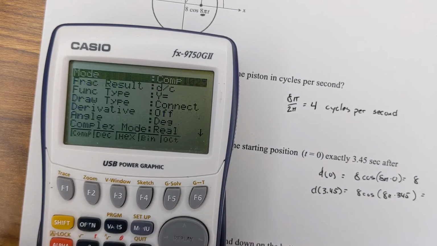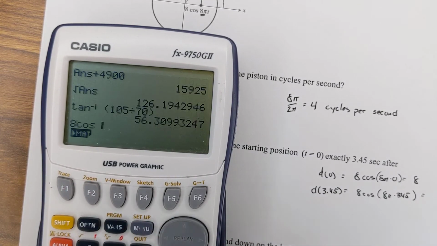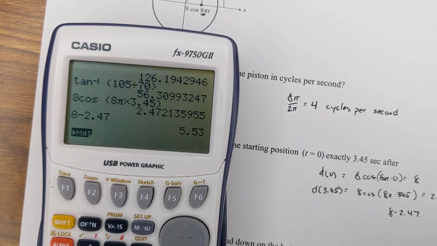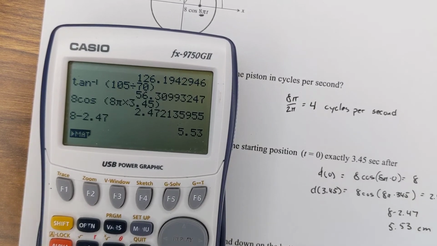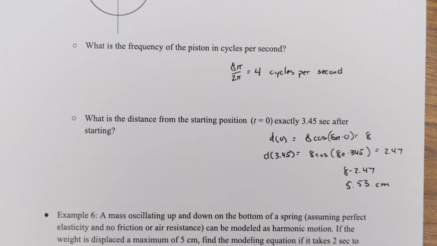We're in radians, so I'll switch my calculator back to radian mode. Be careful doing this. 8 cosine quantity 8 pi times 3.45 is 2.47. So the difference is about 5.53. What are my units? Centimeters.